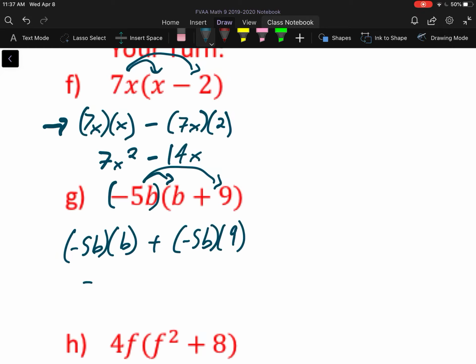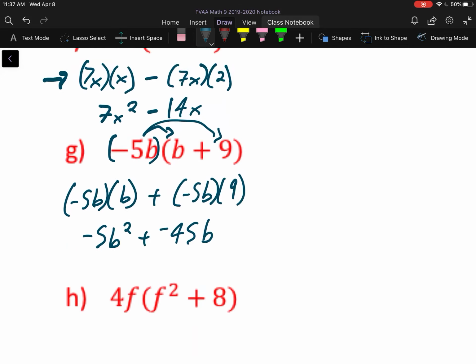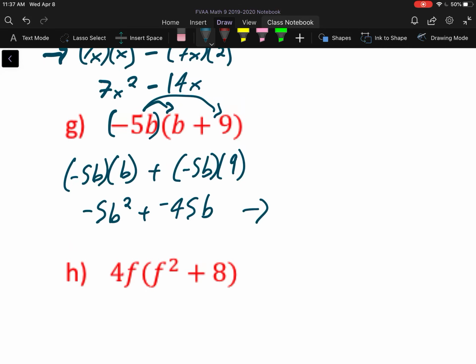And then this is giving me negative 5b squared, and plus negative 45b, or minus 45b if you want. This can be rewritten as negative 5b squared minus 45b. Either way.